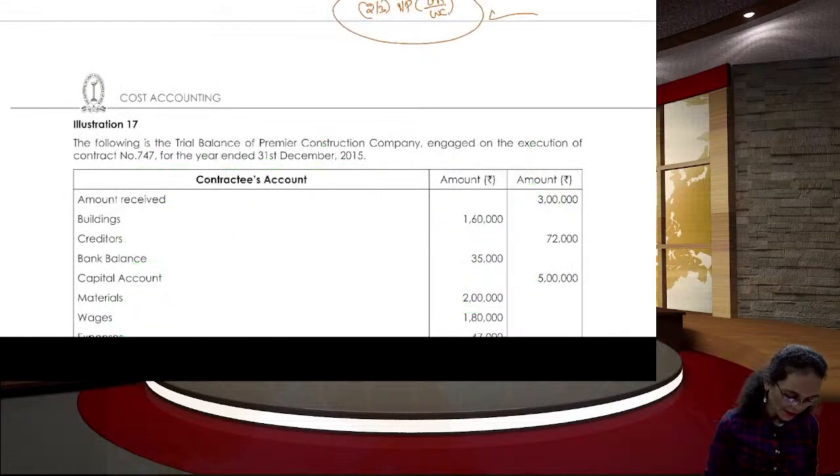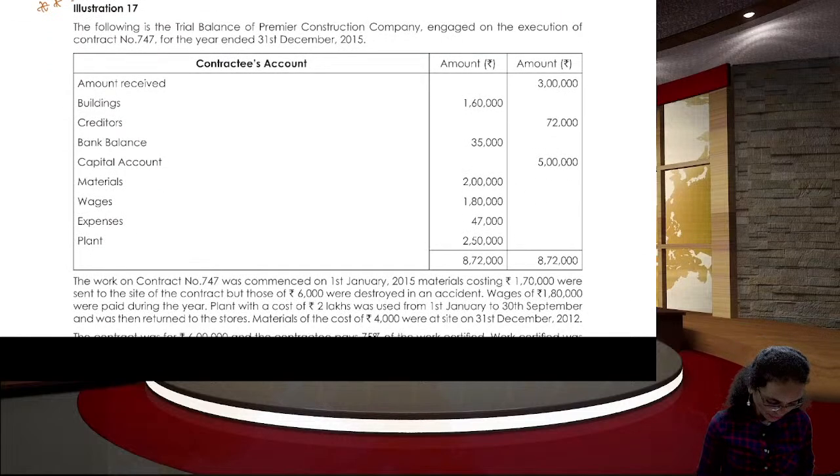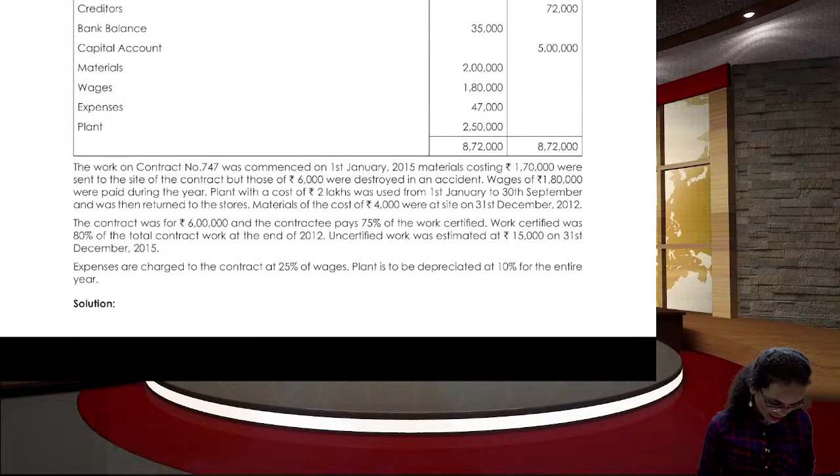See, this is again a different kind of problem. From these different kinds of problems, you can expect one problem from now. So, here the work on this contract was commenced on 1st January 2015.